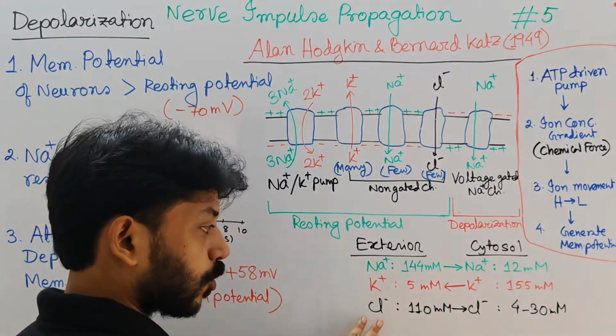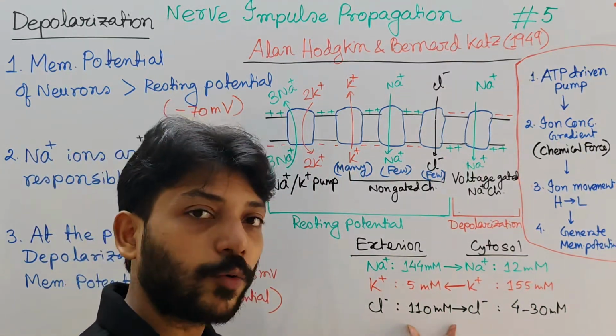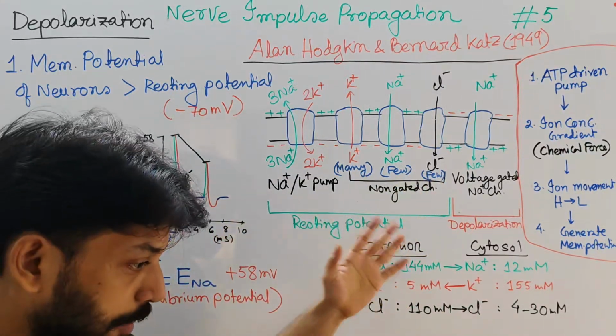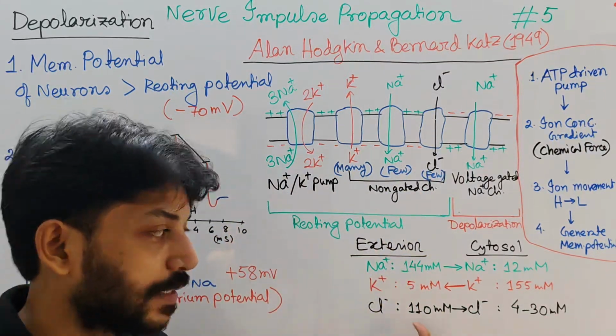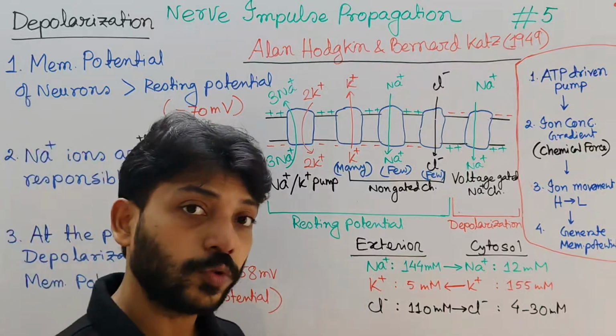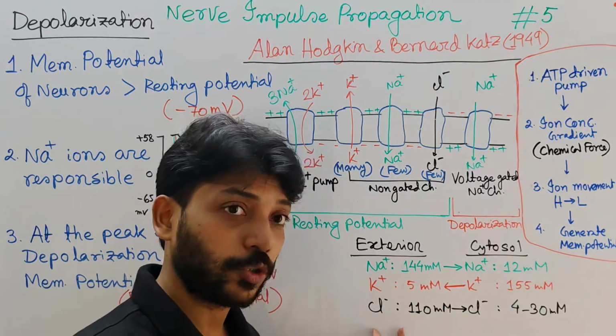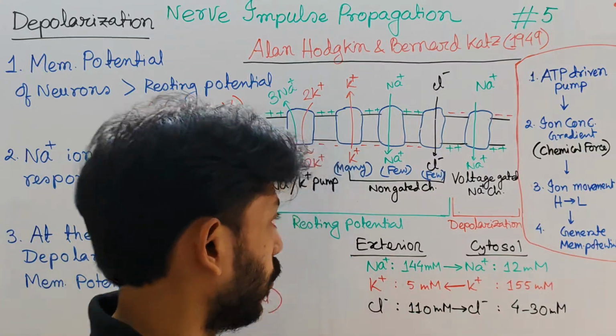The chlorine concentration is higher outside and lower inside. I have not drawn the ATP-driven pump for chlorine, but this is the concentration difference. There is also an ATP-driven pump that generates the ion concentration difference for chlorine.